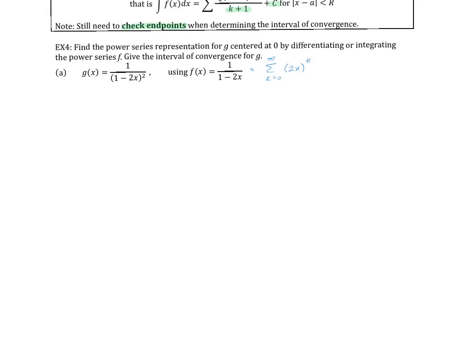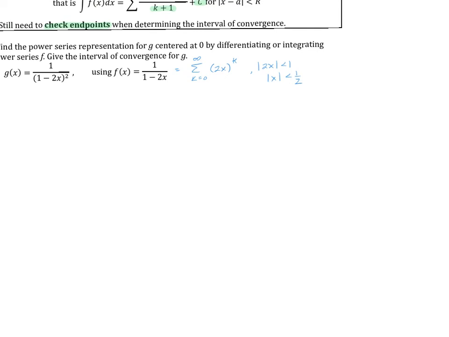So the interval of convergence is the absolute value of 2x less than 1, which is the absolute value of x less than 1/2. In other words, my interval of convergence is -1/2 to +1/2. Now I don't have to check the endpoints because I used that theorem that said the interval of convergence remains the same.